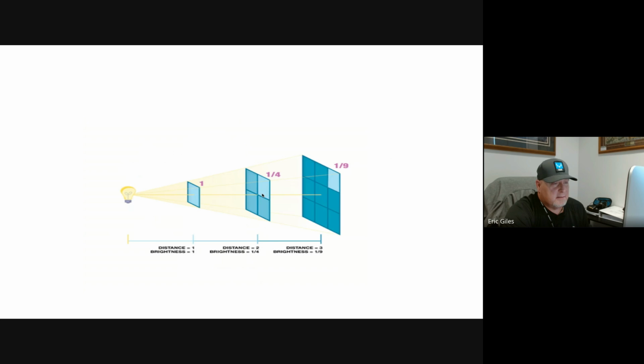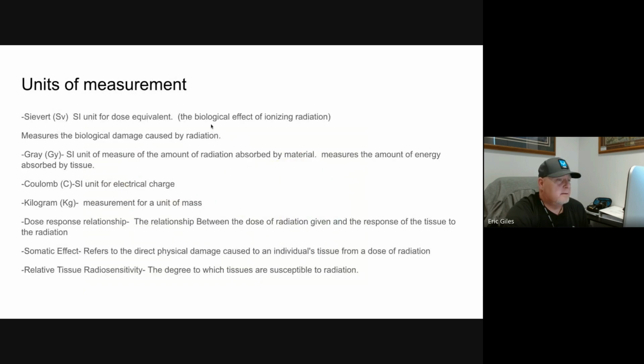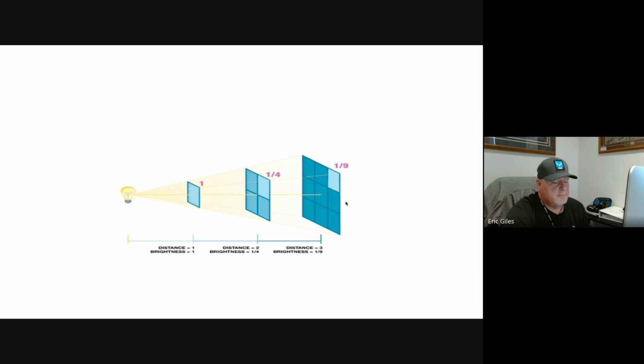Coming out here to about 60 inches, it's going to be a quarter of the energy. Going out there to 72 inches is going to be about a ninth of the energy. So that's what we use for radiation safety, X-ray safety is distance from the X-ray tube. And we learned that the further you get away, the less energy those X-rays are going to have.